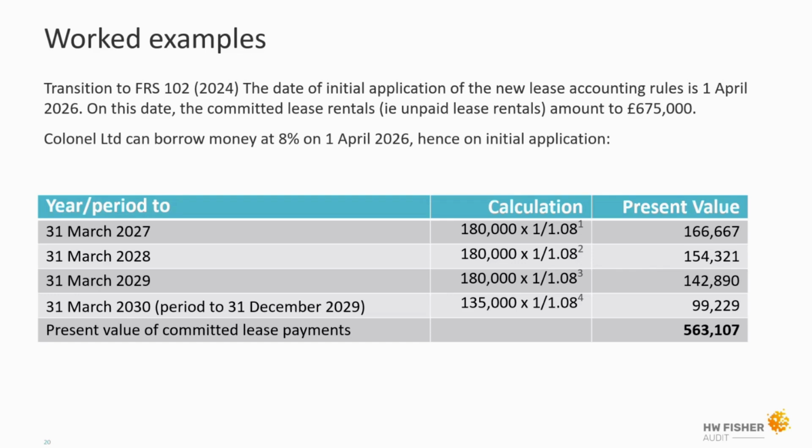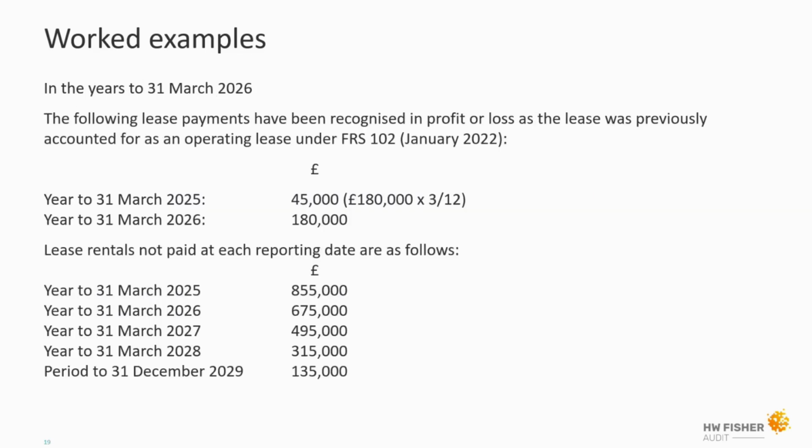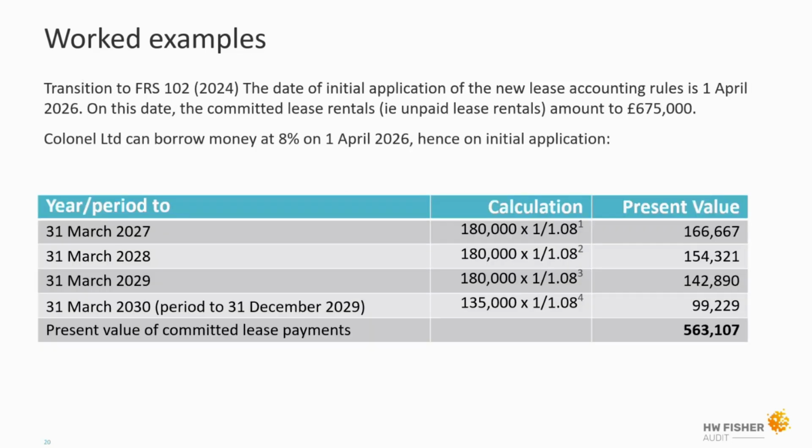What we've got left as at that 1st of April is that £675,000. We've got to bring that now onto the balance sheet, so we've got to think about it from that point. FRS 102 isn't making us go back and rechange as though it had always been there. So we're going to bring it on at a starting point of what we've got left at that period.